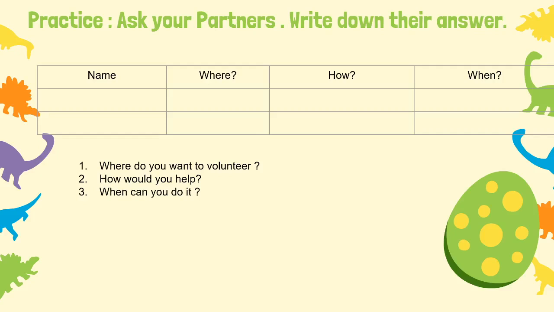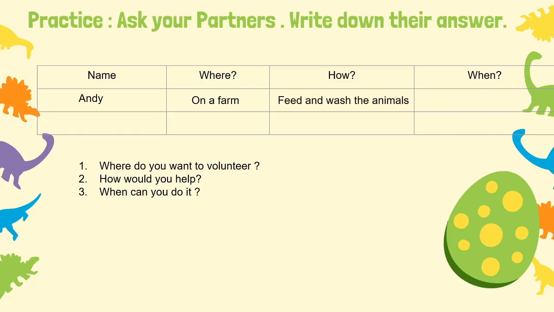The first one is about name. The question that we need to ask is, what's your name? Her name is Andy. Now let's move to the second question, where do you want to volunteer? Let's check the answer. The place that she wants to volunteer is on a farm. Now column 3, how would you do it?